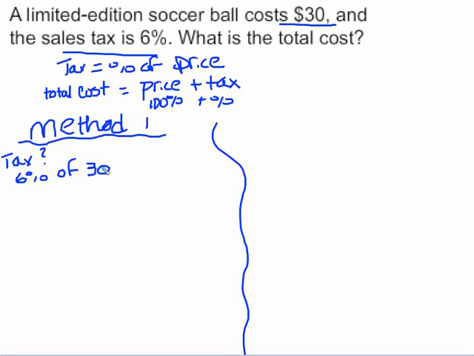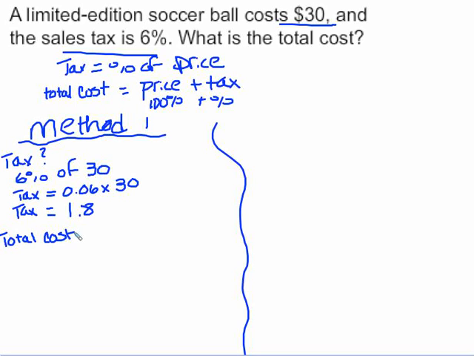So my tax, which is my part, is going to equal 0.06 multiplied by my whole, which is 30. In this case, my tax is going to be equal to 1.8 or $1.80.